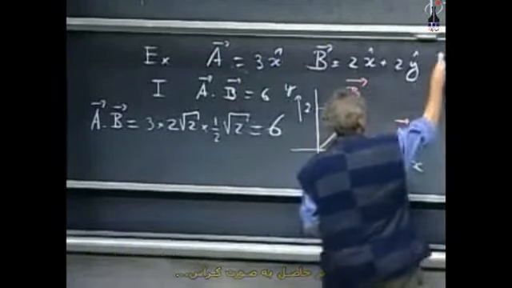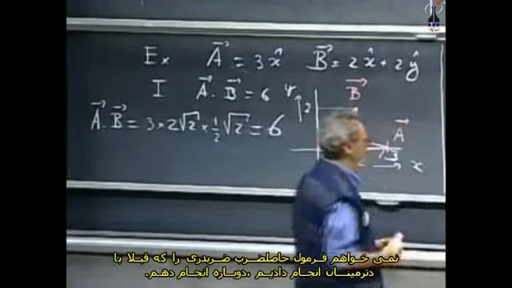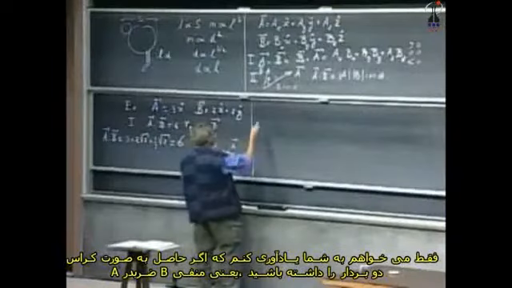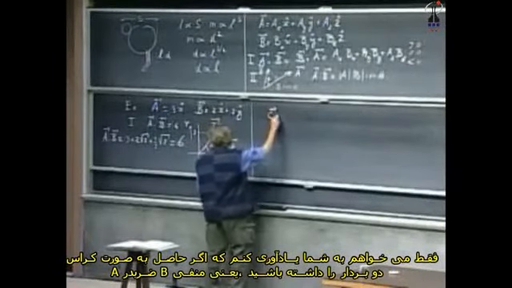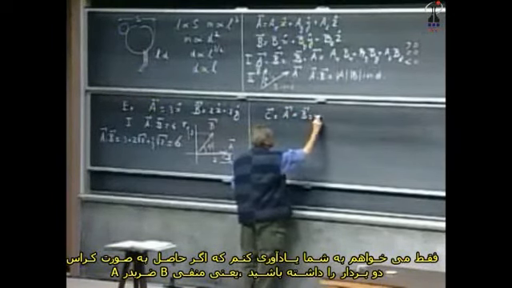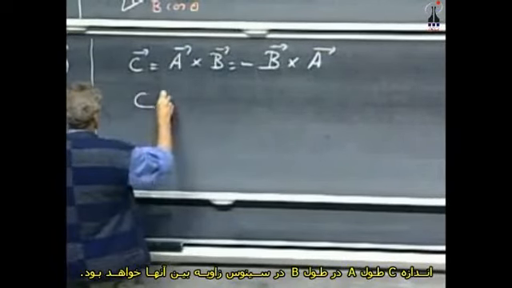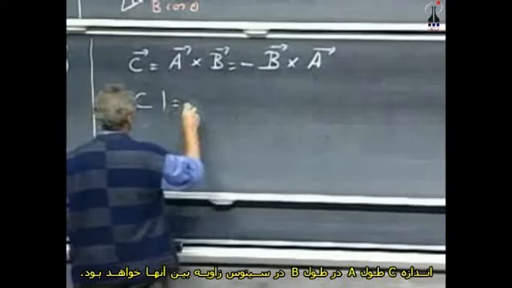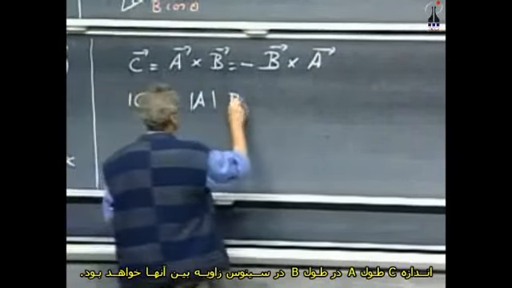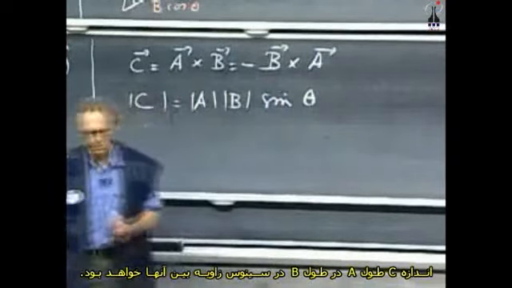On cross products, I don't want to go through the formalism of cross products the way we did that with the determinant. I just want to remind you that if you have a cross product of two vectors, that is C, A cross B equals minus B cross A, and that the magnitude of C is the length of A times the length of B times the sine of the angle between them.